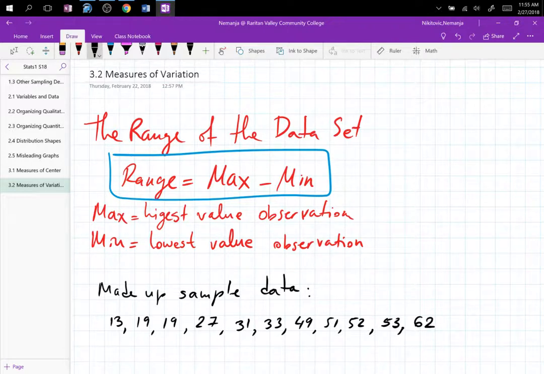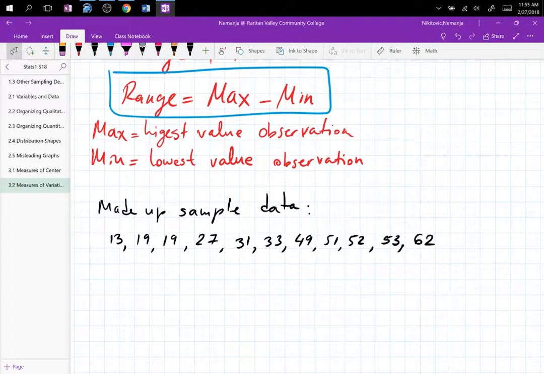Looking at this made-up data, this is not data of anything. It could be ages in an extended family or something, but it doesn't matter.